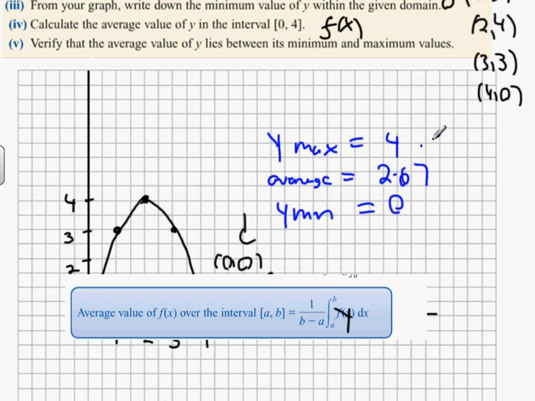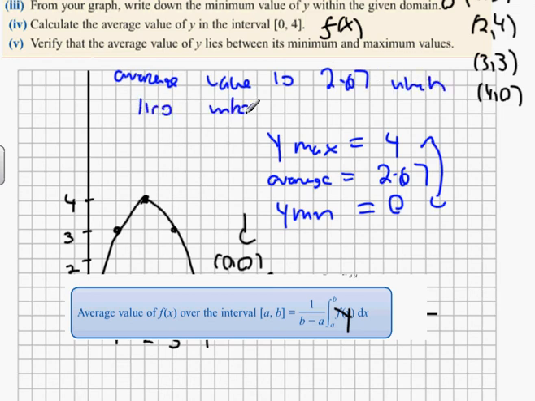So we can see that our average value does lie in between 0 and 4. Average value is 2.67, which lies in between 0 to 4. Very good.